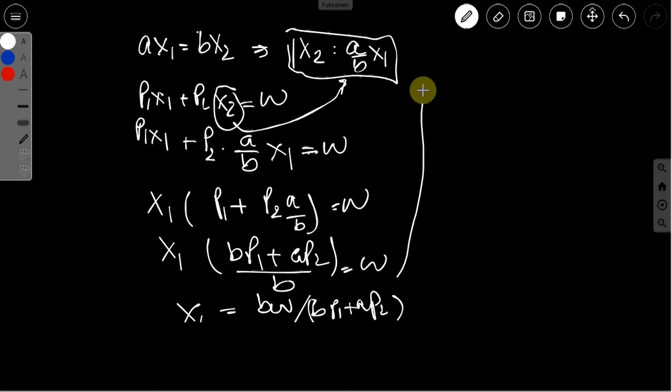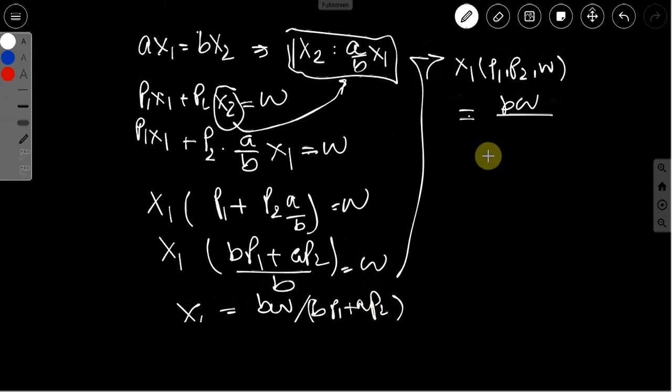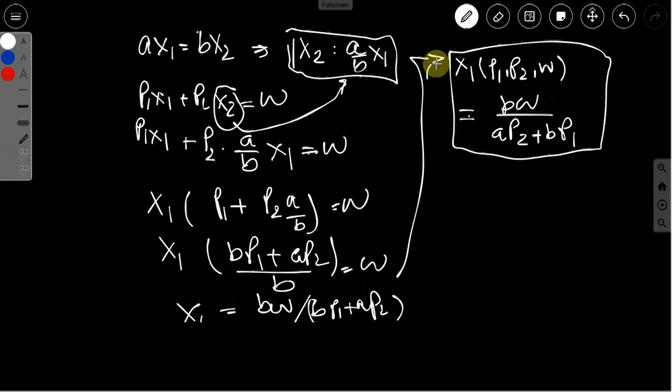So this is the Marshallian demand for x1, which can be expressed as x1, which is a function of P1, P2, and w, is bw over, we just rearrange, aP2 plus bP1. So this is the Marshallian demand function for the first commodity.